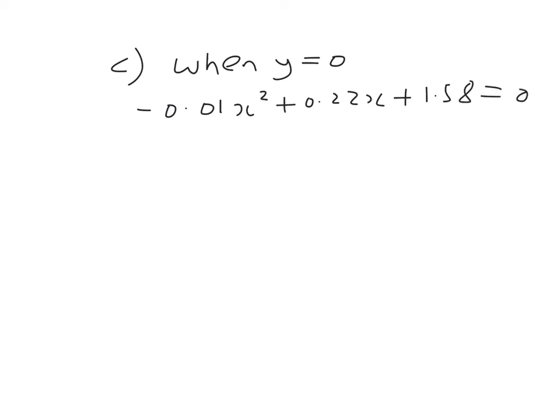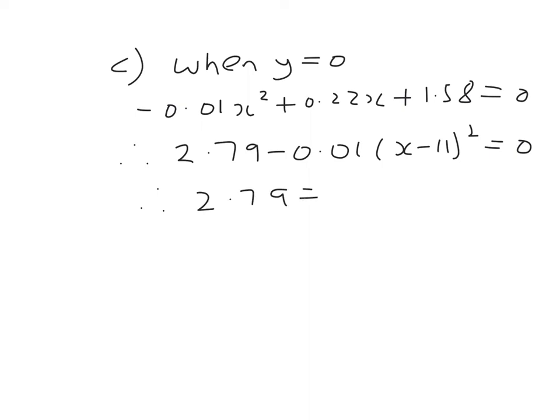We could solve that equation by using the formula, but we've already put it into completing the square form, so let's use that as 2.79 minus 0.01 x minus 11 squared equals 0. So therefore 2.79 must equal 0.01 x minus 11 squared. Divide by 0.01, so 279 is x minus 11 squared.